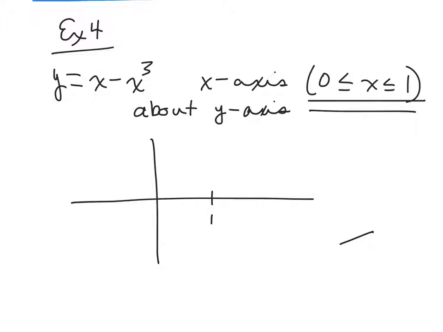So if I put 0 in for x, then y would equal 0 minus 0 cubed, which is also 0. So 0, 0 is on this graph. And if I put 1 in for x, I would have 1 minus 1 cubed, which is also 0.